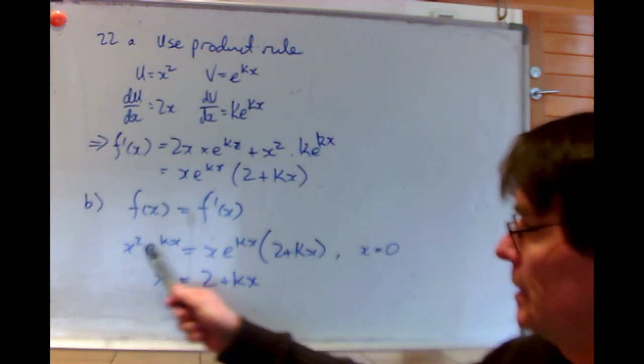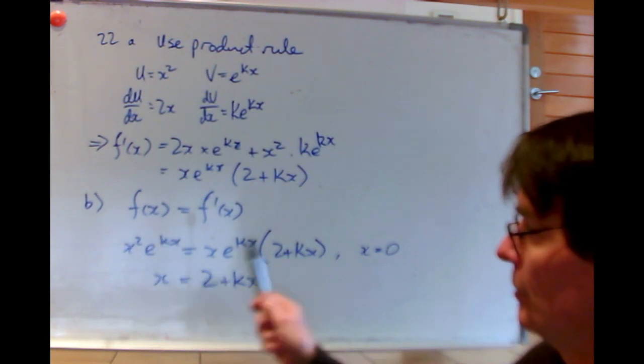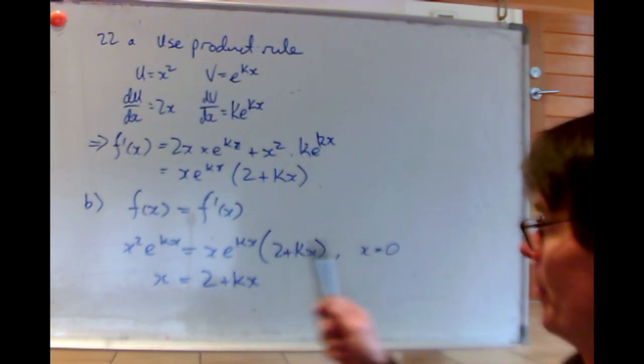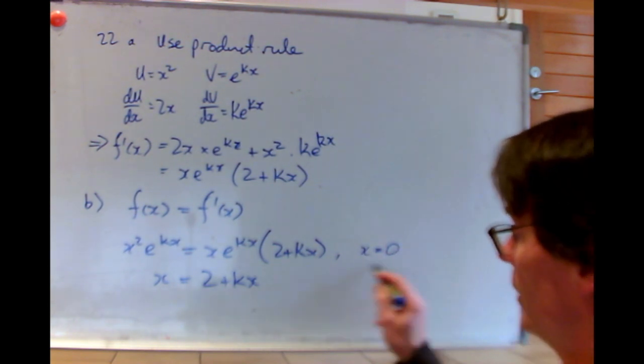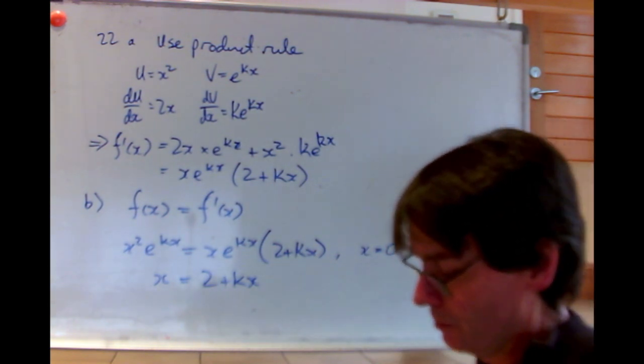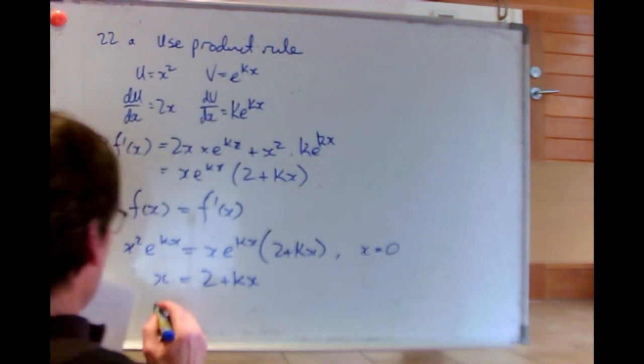One of the possibilities is x equals 0, then I'll just get 0 equals 0. By dividing both sides by x, I'm allowed to do that, but I have to remember that that solution is still part of it.